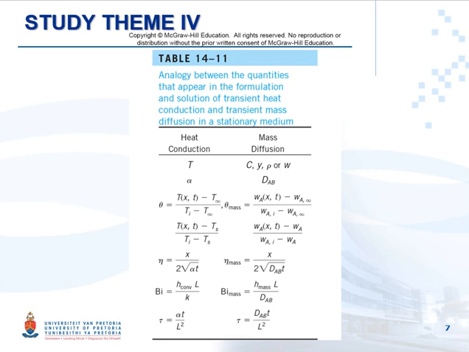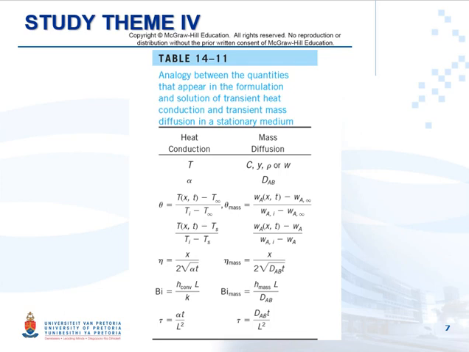In heat conduction we had alpha. In mass diffusion we have DAB, the diffusion coefficient. In heat conduction, theta. In mass diffusion, and all the rest.